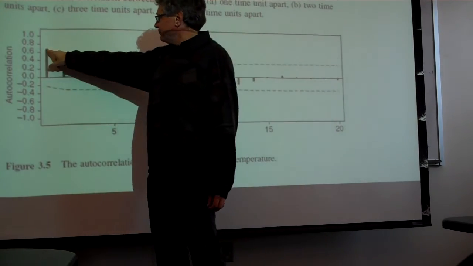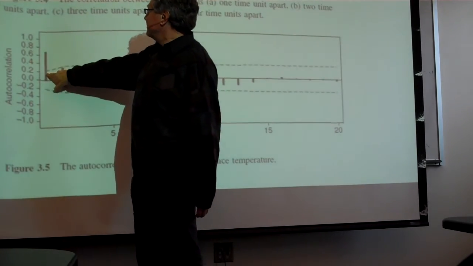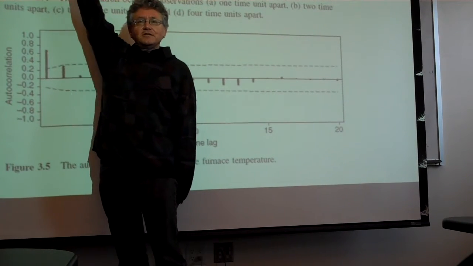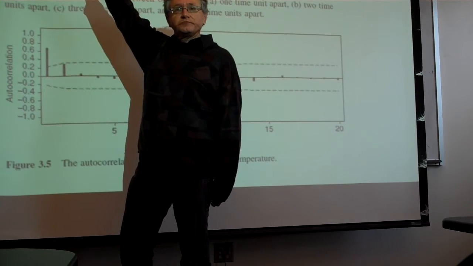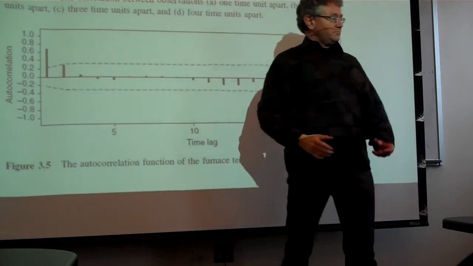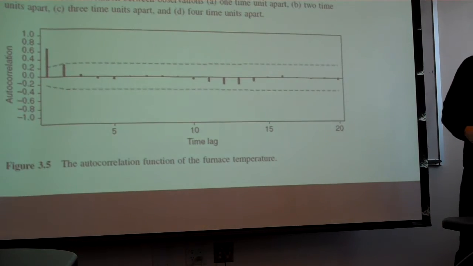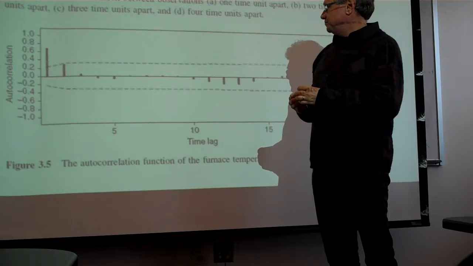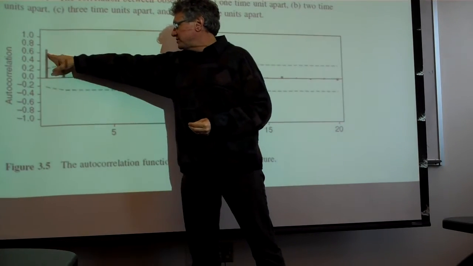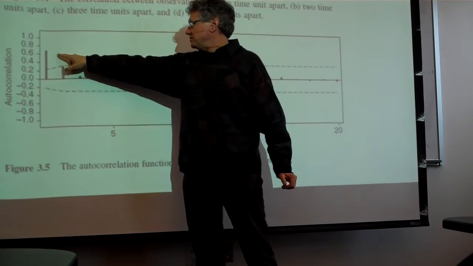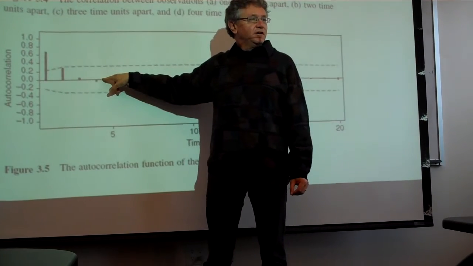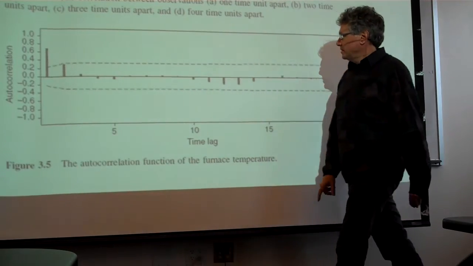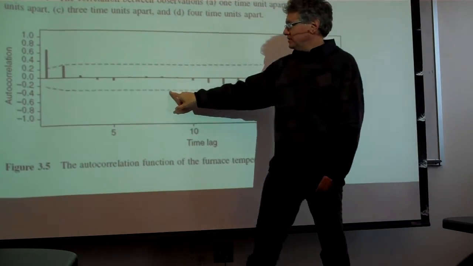This 0.65 or this 0.7 refers to the strong correlation between temperature at time t and temperature at time t minus 1. And the thing to notice here is this kind of exponential decay of the correlation as you go to longer time frames.